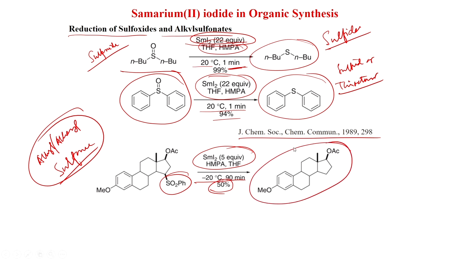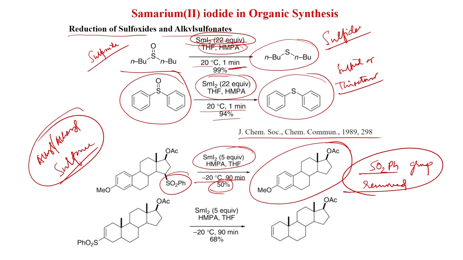So, what happens, most likely a radical is formed, the radical reacts with samarium to generate the anion, and then the proton source comes. So, this sulfonyl SO2Ph group is completely removed. This is very important, we will see later that this radical formed can add to olefin, but here just if you add a proton source, then you can get this removal.